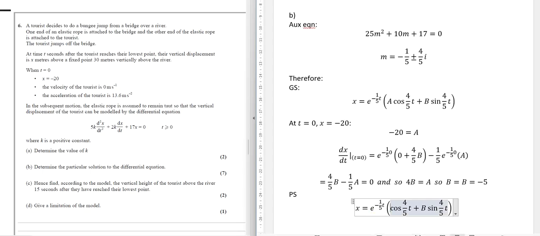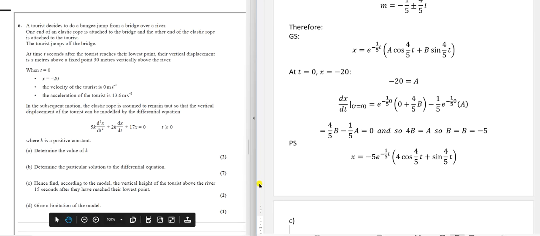A, I said, was minus 20, b minus 5. So there we go. Maybe we pull out a 5 from the whole thing, maybe even a minus 5. We can leave this bit written in slightly nicer form. 4 in front of that, and then just plus sine 4/15.